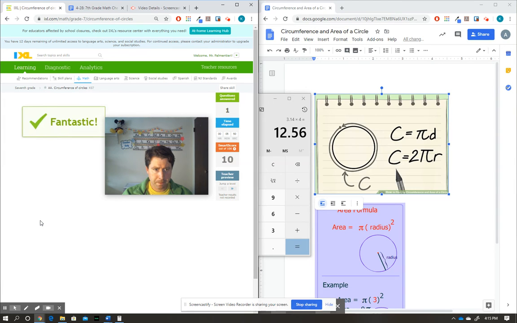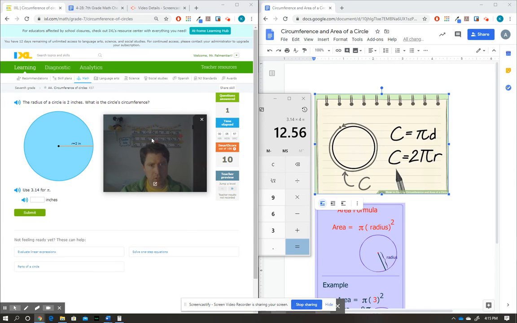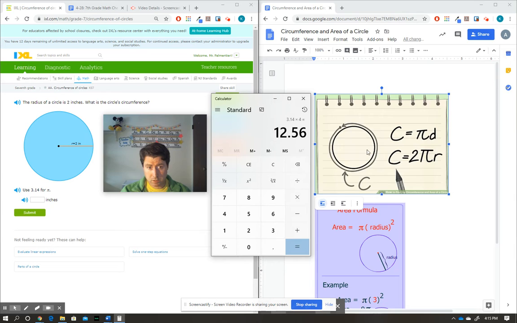They may get a little harder, but basically it's all about, can I identify a radius and a diameter? Like on this one, it says the radius of a circle is 2 inches. So radius, I'm going to use this one, 2 times pi times radius. Watch how simple this is.